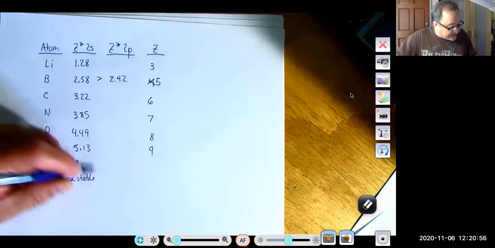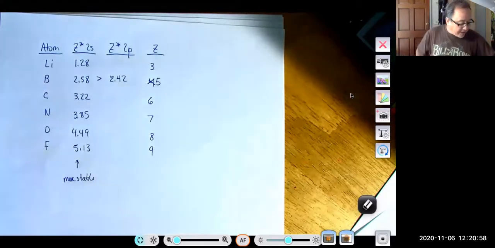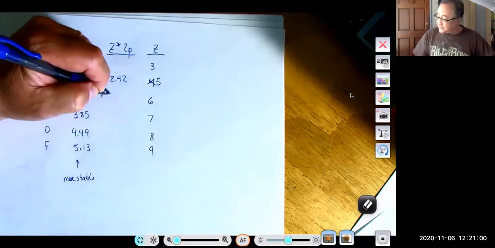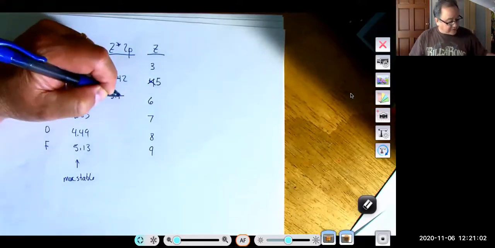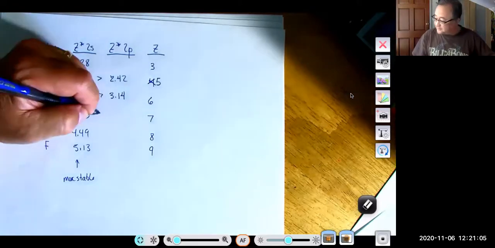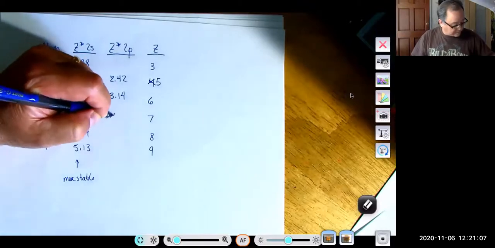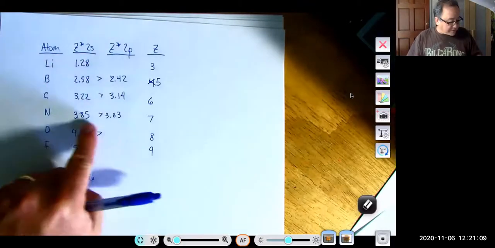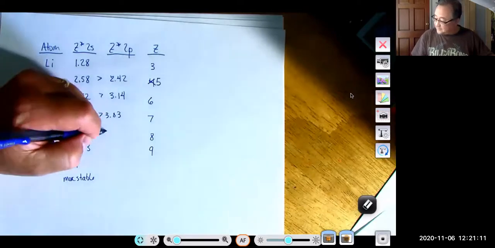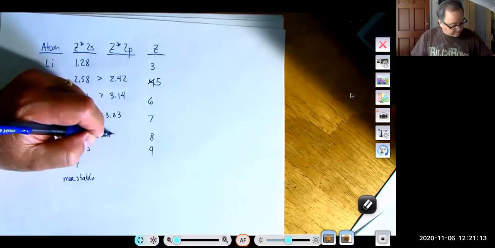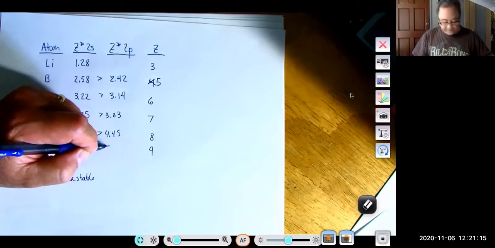And when we look at the sets of numbers throughout, you'll find out that they're always more stable in the 2s. This one, you can see there's not much of a difference, but there is a difference.